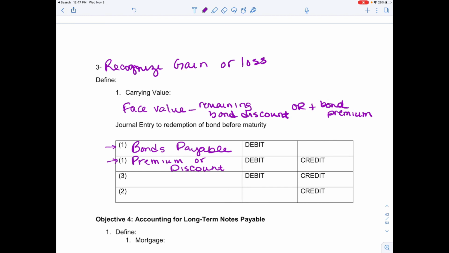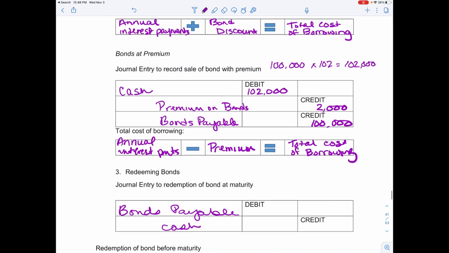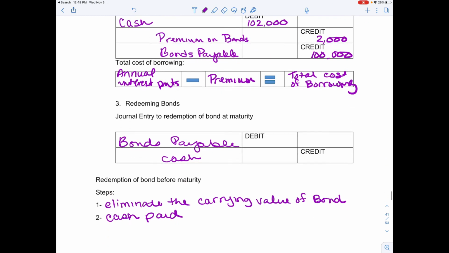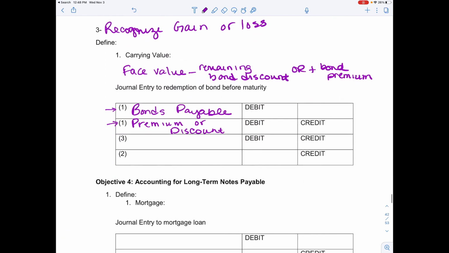And depending on if you have a premium or discount is going to depend on if it's a debit or credit. If you recall up here, when we recorded the discount, we have a debit, a premium as a credit. Therefore, if I wanted to get rid of them, that premium is going to be debited here, or the remainder of it, and the discount is going to be credited.